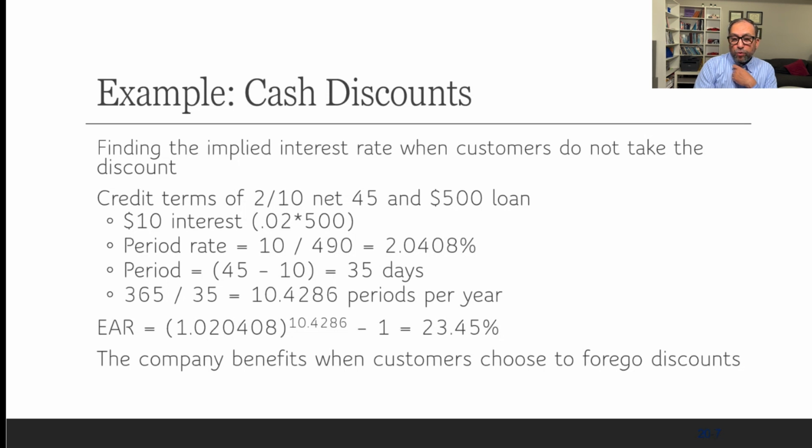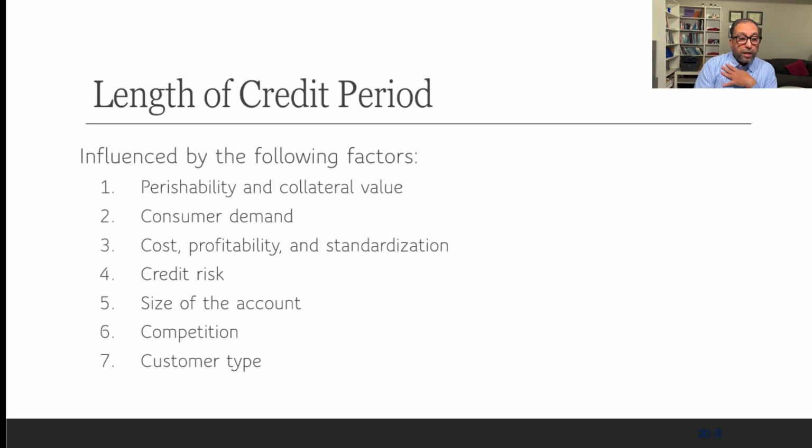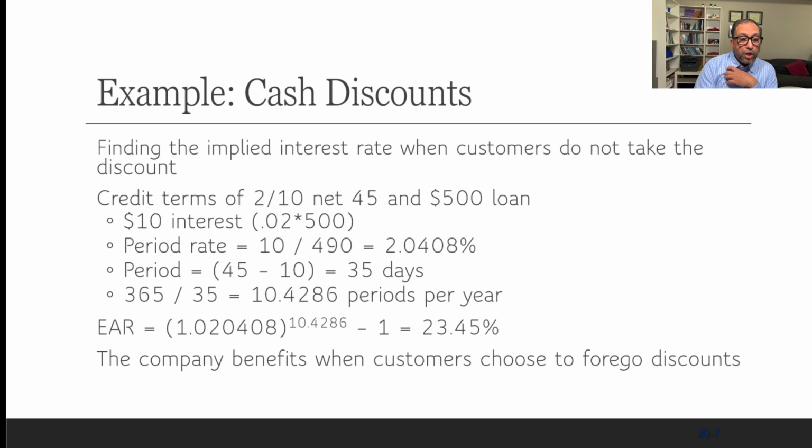That's the formula we already discussed in Introduction to Managerial Finance for calculating the effective annual rate: 1 plus the period rate, raised to the power of periods per year, minus 1. So we get 23.45.